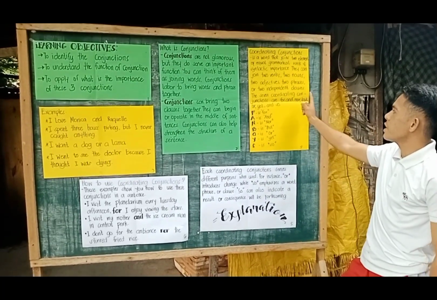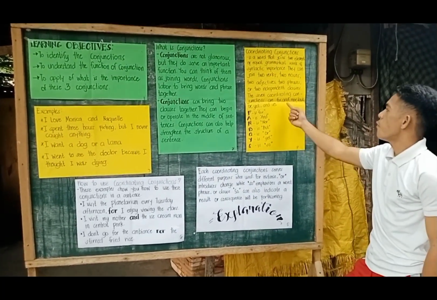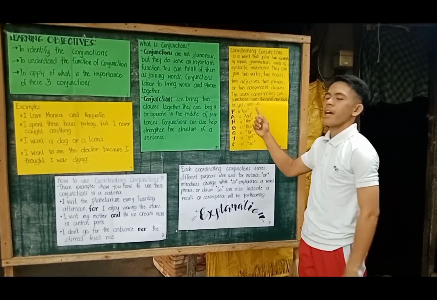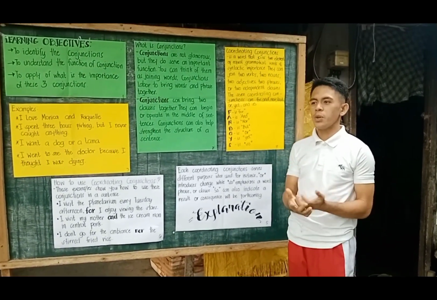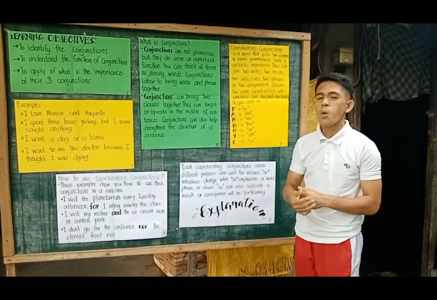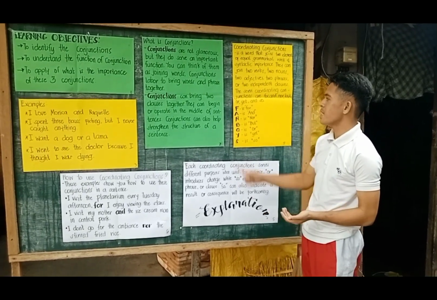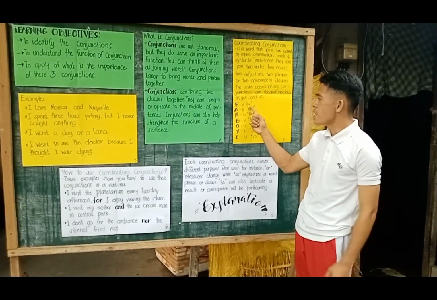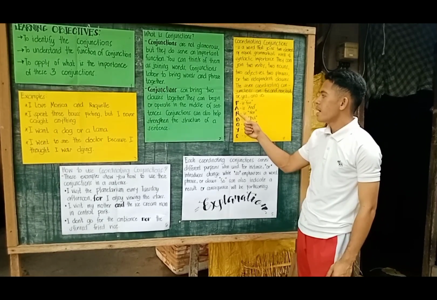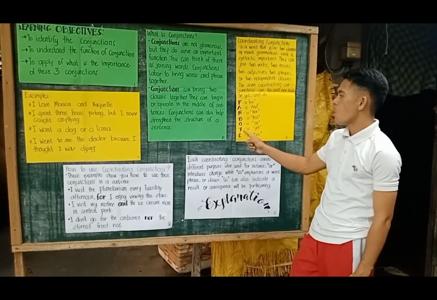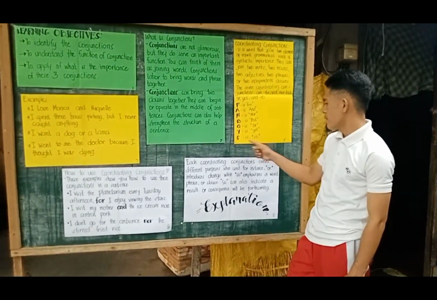The seven coordinating conjunctions are for, and, nor, but, or, yet, and so. To remember the coordinating conjunctions easily, we have the acronym FANBOYS: F is for, A is and, N is nor, B is but, O is or, Y is yet, S is so.